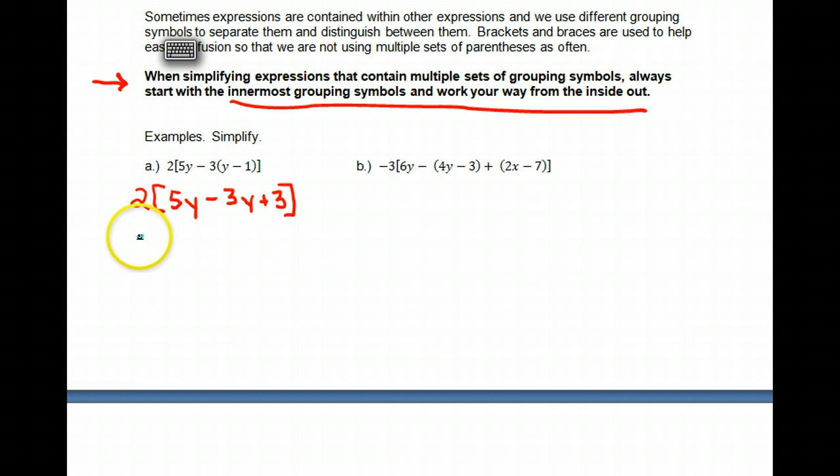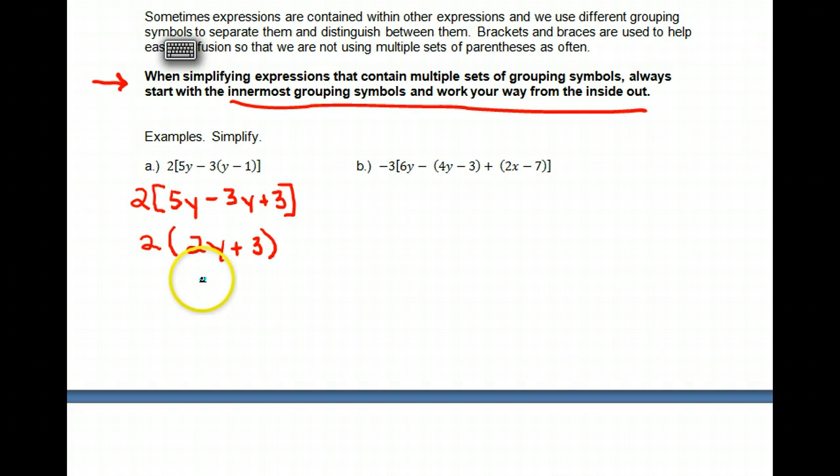And in this same step, I would be inclined to change my brackets to a parenthesis because at this point there are no other grouping symbols and I am down to just one set of grouping symbols, so I would change them back to a parenthesis. So 5y minus 3y is 2y plus 3, close my parenthesis.